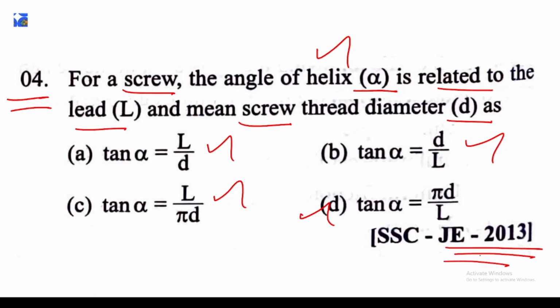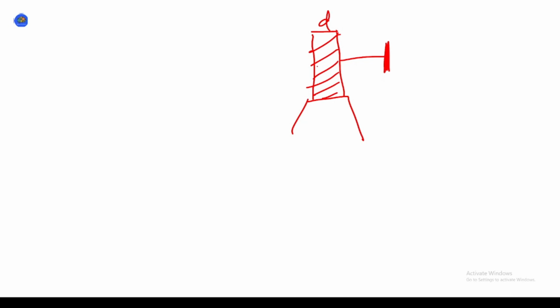Okay. So I'll give you an example. Suppose you have a screw thread jockey. Okay. So imagine that this is the handle of it and this is the diameter. Now, if you say the distance between two consecutive threads is the pitch, now if I rotate this handle for one full circle, then one thread will move upward, right?